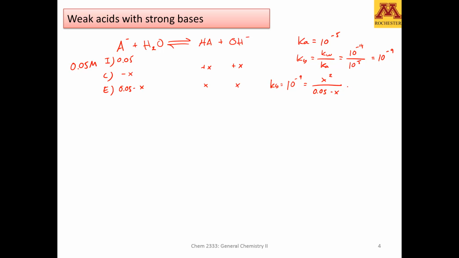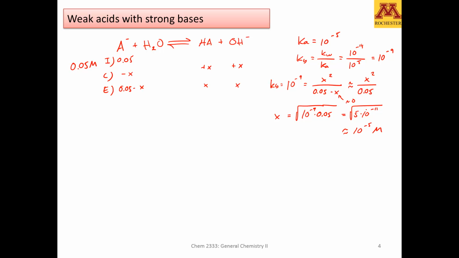I'm going to assume again that x is close to 0 compared to 10 to the negative 2, and what I have is x squared divided by 0.05. Therefore my x is the square root of 10 to the negative 9 times 0.05, or in other words the square root of 5 times 10 to the negative 11, which will be around 10 to the negative 5 molar.